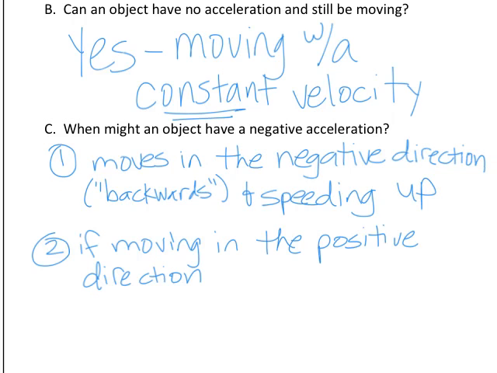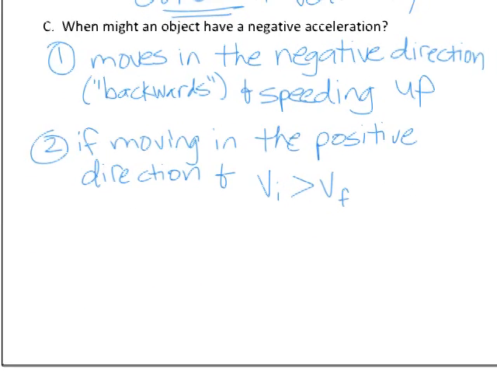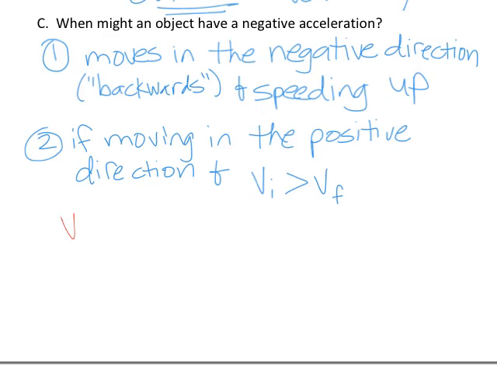Remember that when we did the definition for acceleration or its equation, the change in velocity was what's important. So what if my initial velocity was actually larger than the final velocity? Let's look at this mathematically. If I start out with an initial velocity of, let's say, positive 20 meters per second, and a final velocity of a positive 10 meters per second.